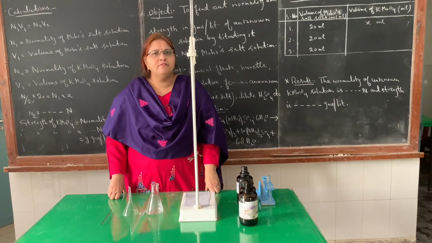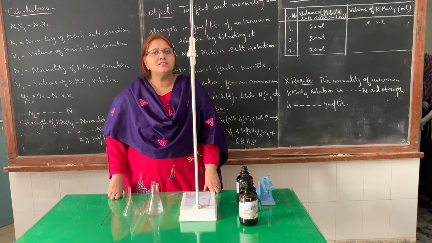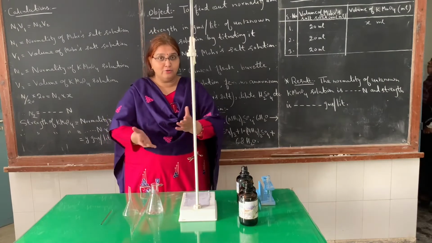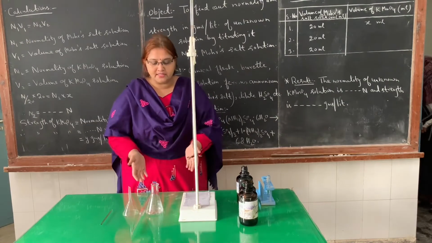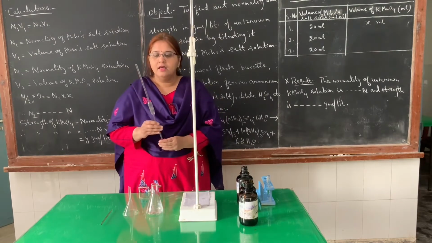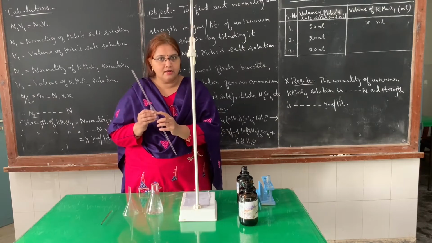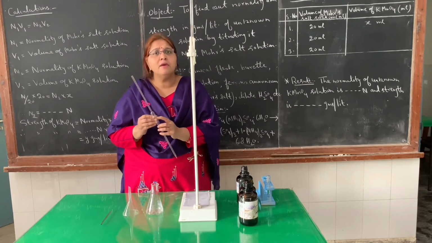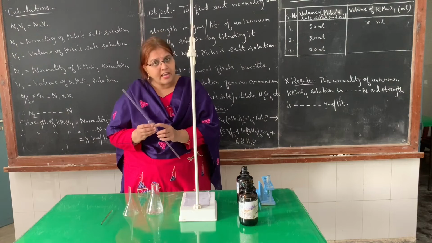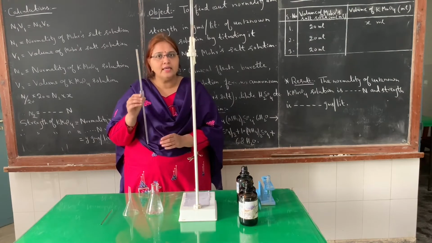As in class 11th, you have already done the acid-base titration, and we are supposed to know that you have the knowledge of the basic apparatus. This is our pipette. We are using one of 20 ml. It can be 5 ml, 10 ml, 15 ml, 25 ml, but we are using the pipette of 20 ml.